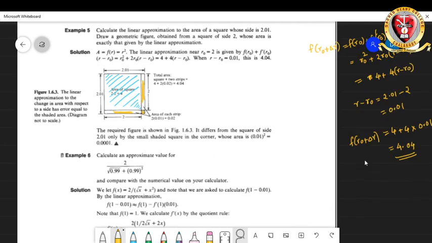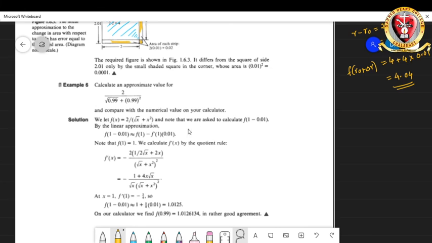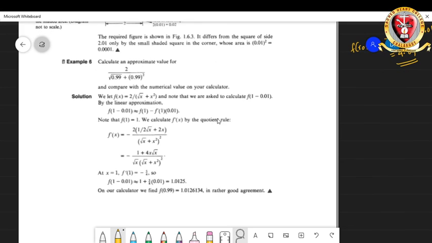Now example 6, here you are given a function. So with the logic of the given value, you are defining the function f of x to be equal to 2 by root x plus x square. We are asked to calculate the approximate value.